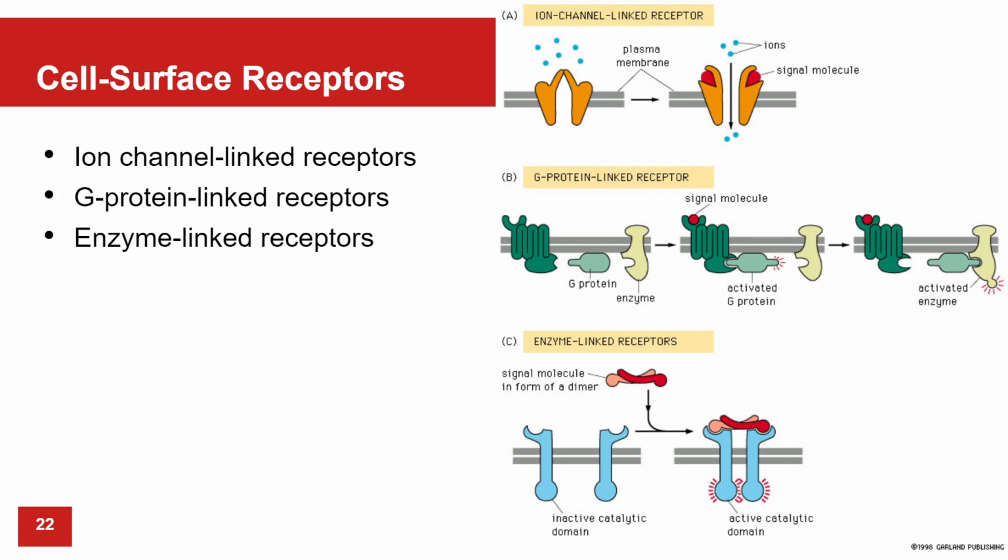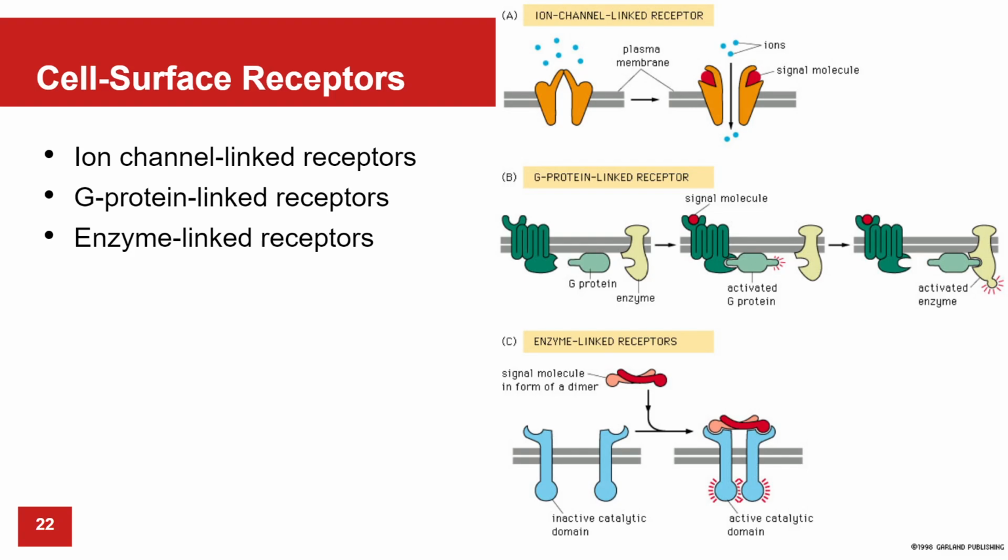All right, then you've got enzyme linked receptors. So, ion channel linked receptors. They receive a signal molecule or a ligand, and they open up to let ions through, right? Which is going to change what? We let ions through a semi-permeable membrane. What changes? The gradient. Very good. You've got G protein linked receptors. That's kind of the one about epinephrine.